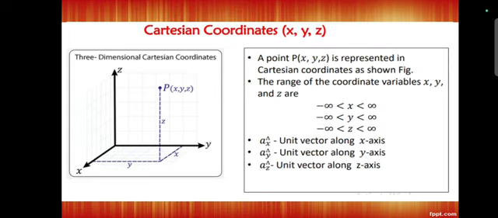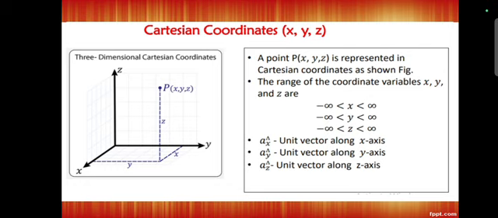So this is the diagram of the Cartesian coordinate system. Here we have three axes, x-axis, y-axis, and z-axis, that are mutually perpendicular. And P is the point which is represented by the coordinates x, y, z.